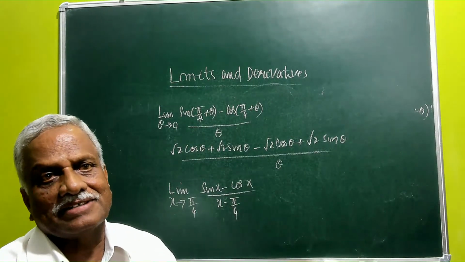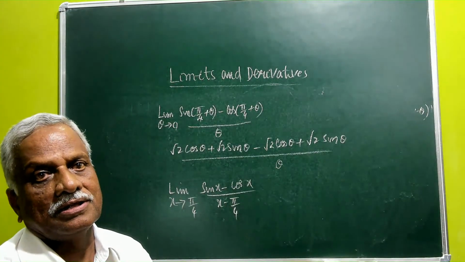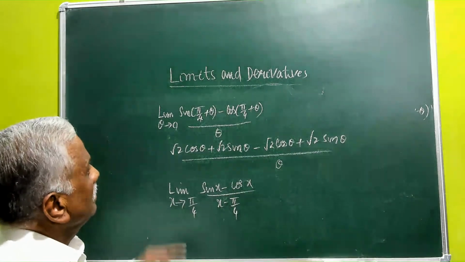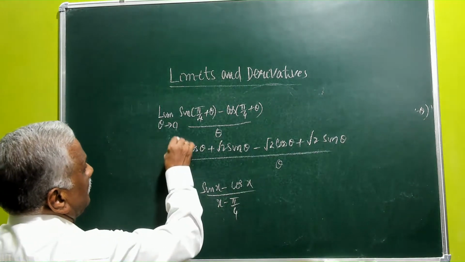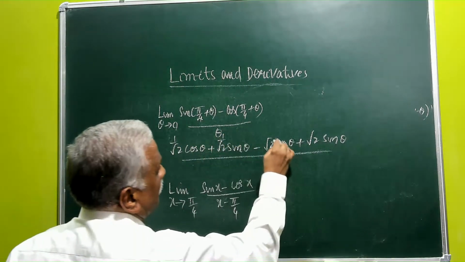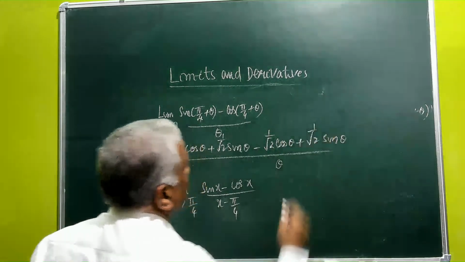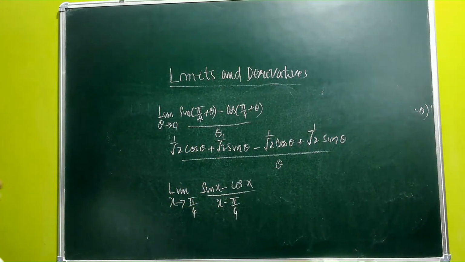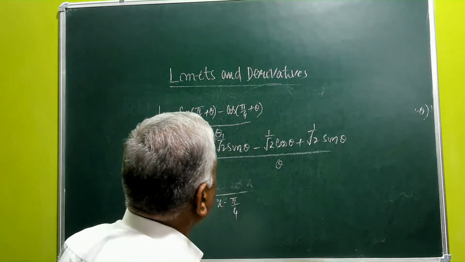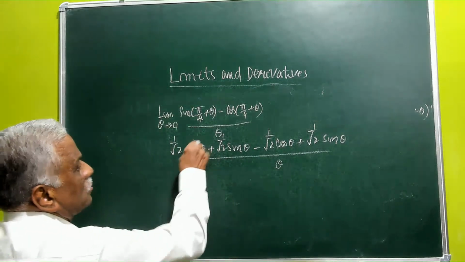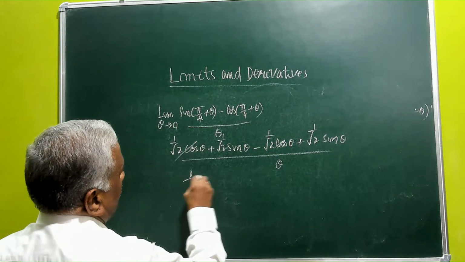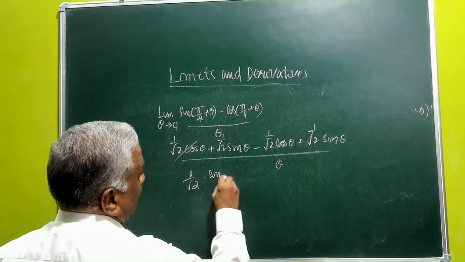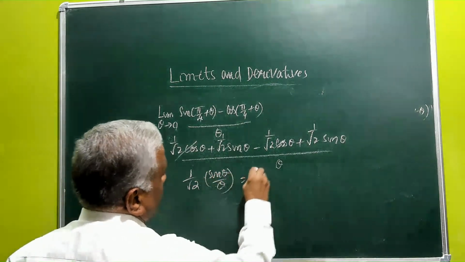Don't write sin pi by 4 then. Sin pi by 4 is 1 by root 2. Now, what is the answer you are going to get? These two will cancel. You get 1 by root 2 into sin theta by theta. That is 1. Therefore, the answer is 1 by root 2.